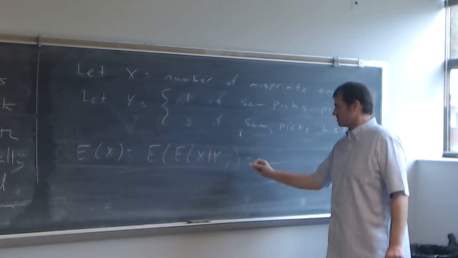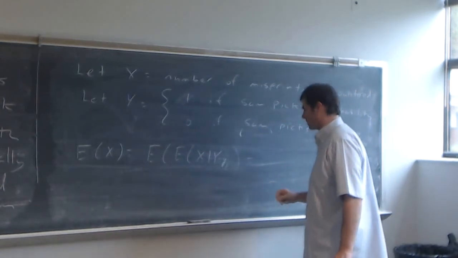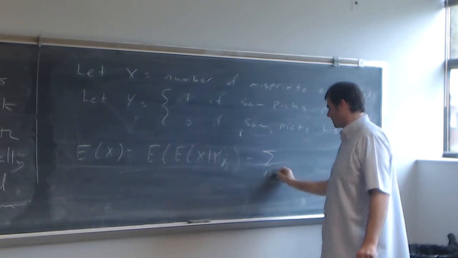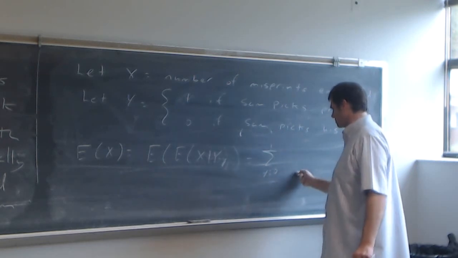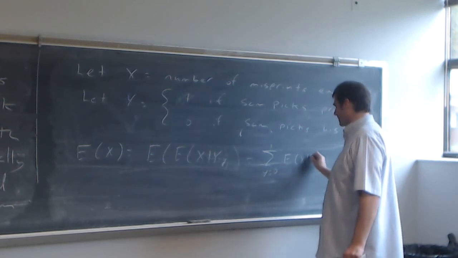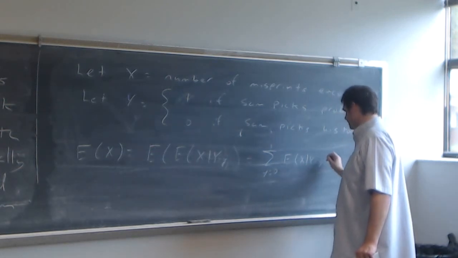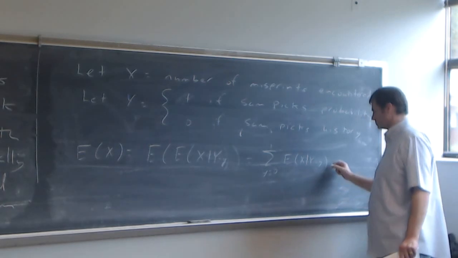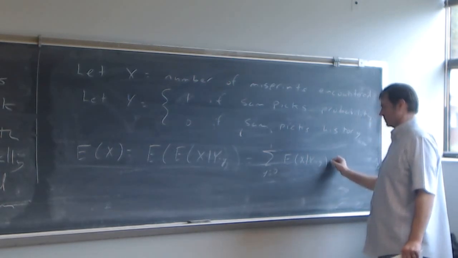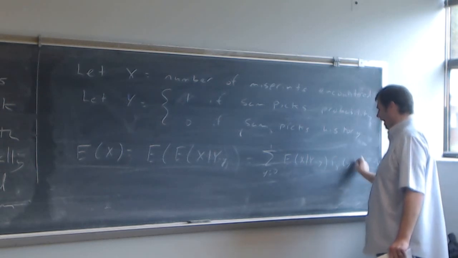Now, we usually write down y equal to y. This is the same thing as the sum over all the y values, so that's from 0 to 1, of the expected value of x given y equal to y, which is going to be easy to compute here, times f sub y of y.